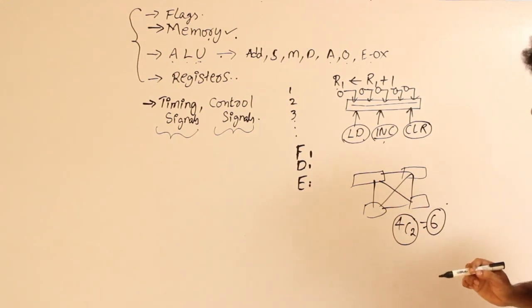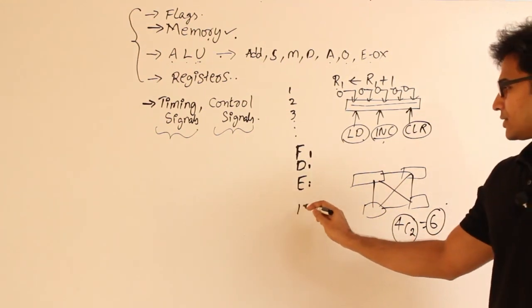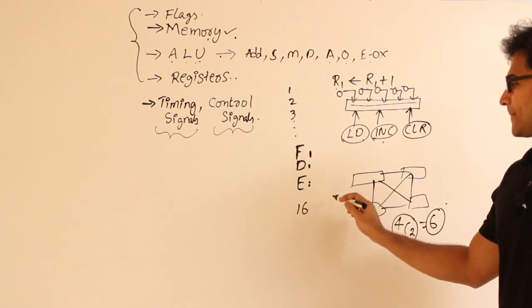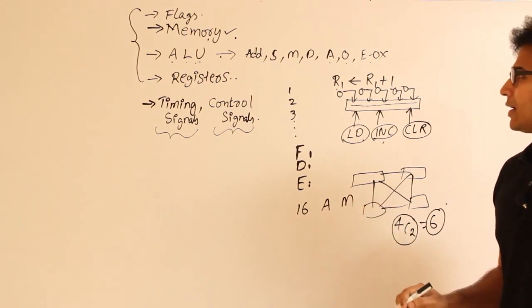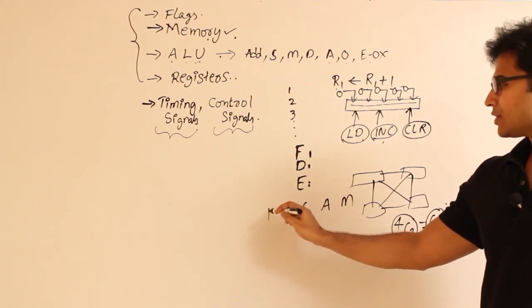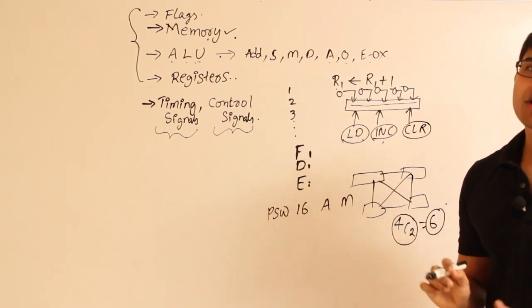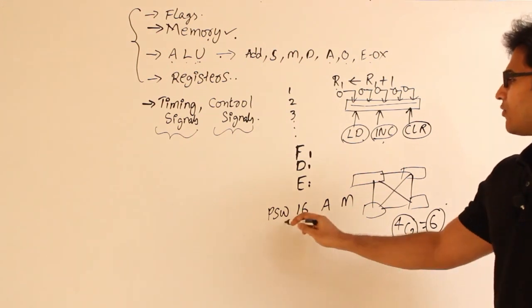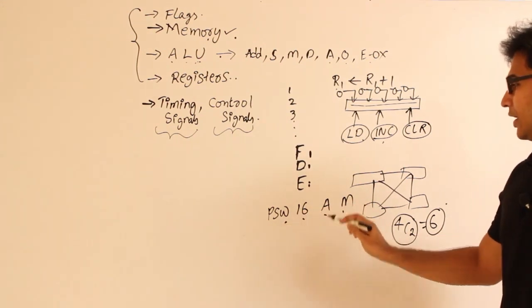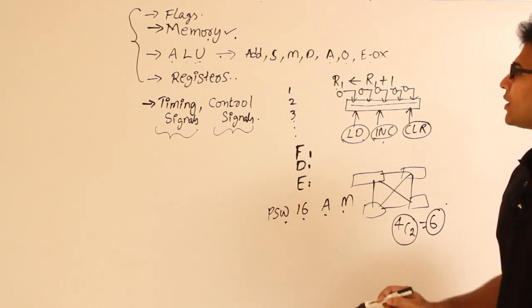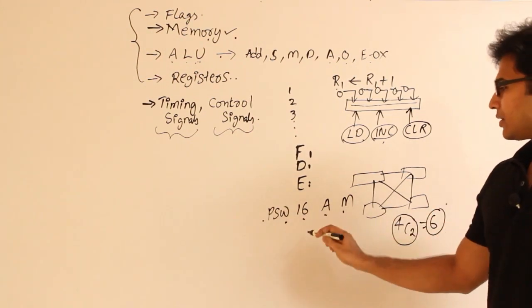Now if you have, let's say, 16 registers and then 1 ALU and 1 memory unit, and 1 program status word, which is nothing but a collection of all the flags. So 16 plus 17, 18, 19, and let us say we have one more part, so 20 parts.